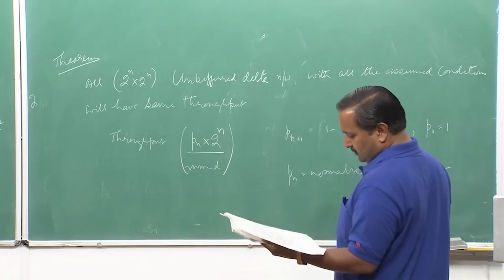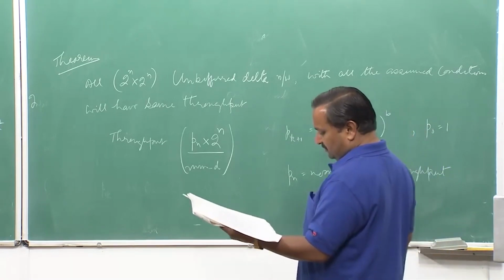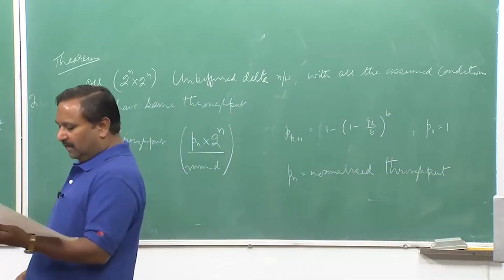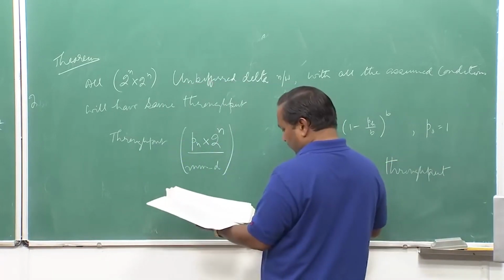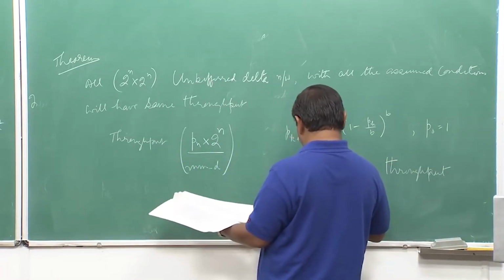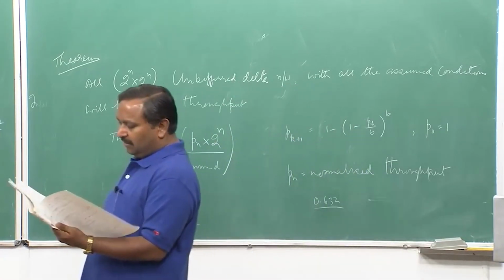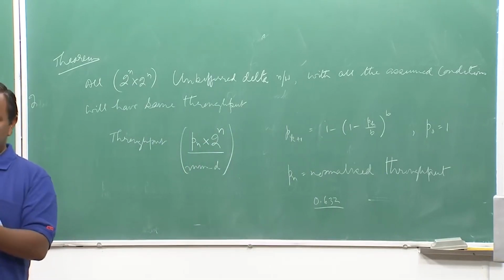And using a similar formula we had earlier done something for a crossbar, and for the maximum loading condition when P 0 is 1, our throughput was 0.632, which we have already computed. Now let us move to the buffered delta system analysis.